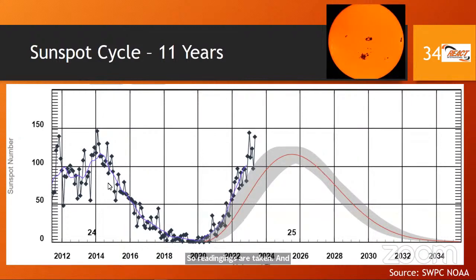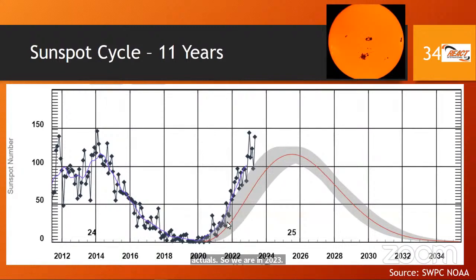So notice that this is the actual sunspot numbers over cycle 24. But cycle 25 that started, the red line shows what the anticipated or the expected activity levels are as far as the number of sunspots. This purple line with the diamonds would represent the actuals. So we are in 2023.